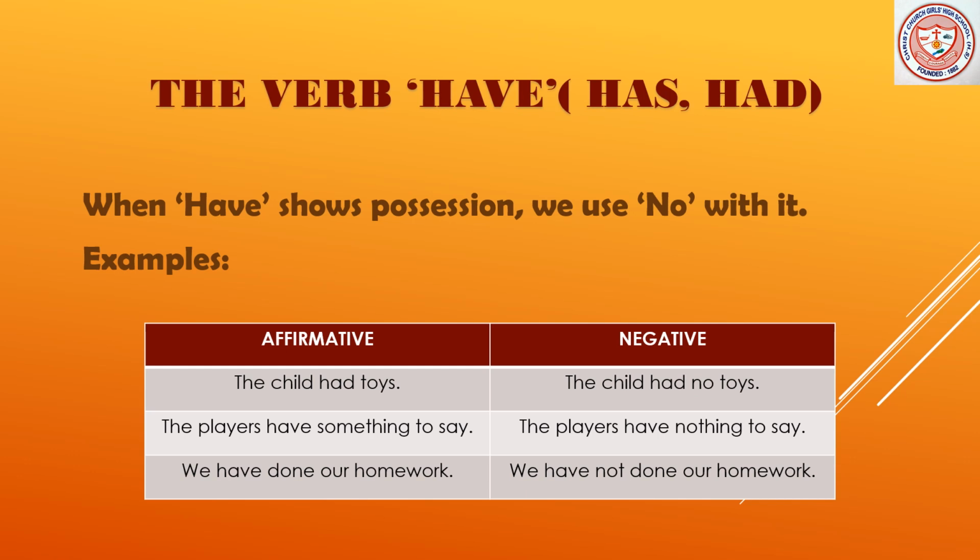When have is used as an auxiliary verb, we can use not with it. So, in this sentence, we have used not after the auxiliary have. So, it will be an example of negative sentence.